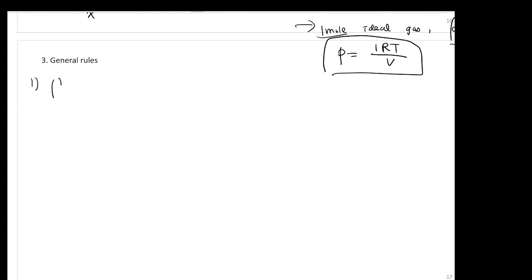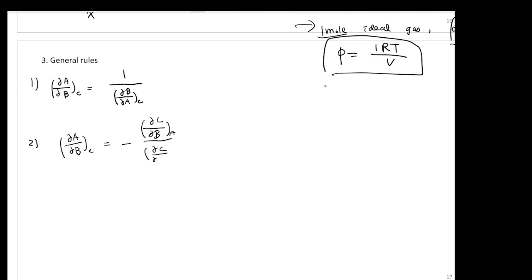Rule number 1: partial A, partial B at constant C equals 1 over partial B over partial A at constant C. Rule number 2: partial A over partial B at constant C equals negative partial C over partial B at constant A, over partial C over partial A at constant B. And this equals negative partial A over partial C at constant B, times partial C over partial B at constant A.